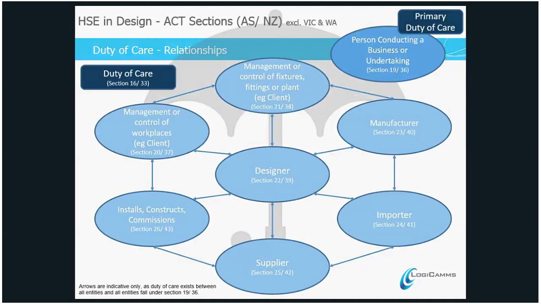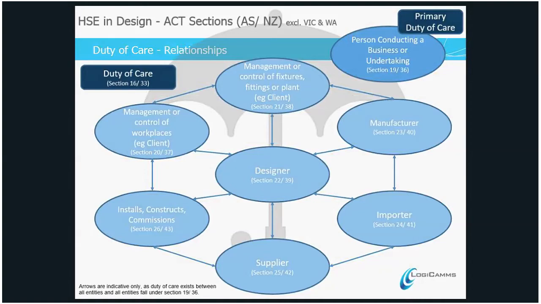From that, the Model Act then expands out to look at the primary duty of care, which is under Section 19 and 36, and that's basically a person conducting a business or undertaking and their responsibilities. So Logicams is obviously a person conducting a business or undertaking. Our clients are, constructors are, and various other organisations that we work with.